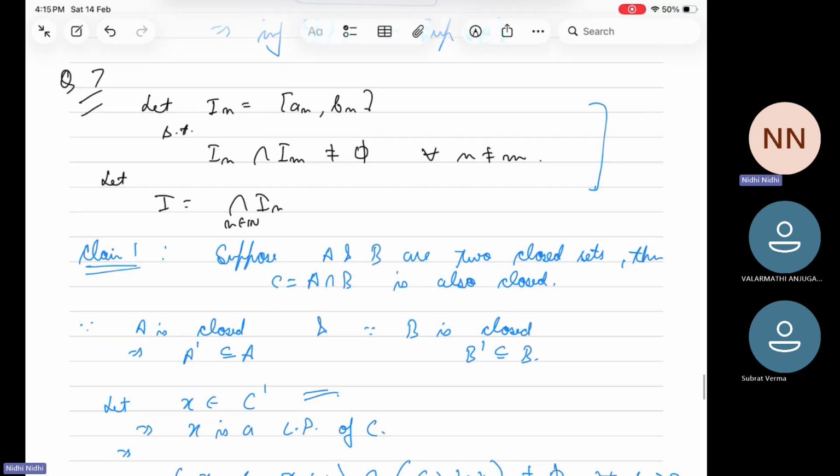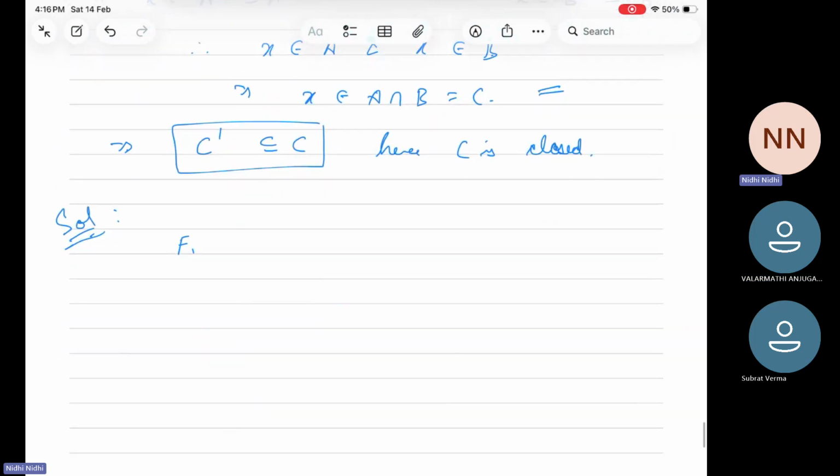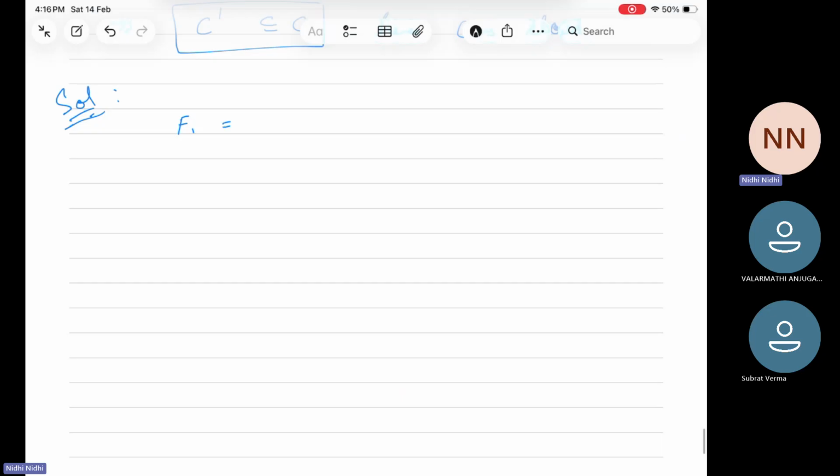We are given that the In are closed intervals such that their intersection is always non-empty. Then we will show that the overall intersection will also be non-empty, and in fact that intersection will be closed as well. For that, we will construct a new set of closed intervals using these. So I consider F1 to be equal to I1. Then I take F2 to be I1 intersection I2.